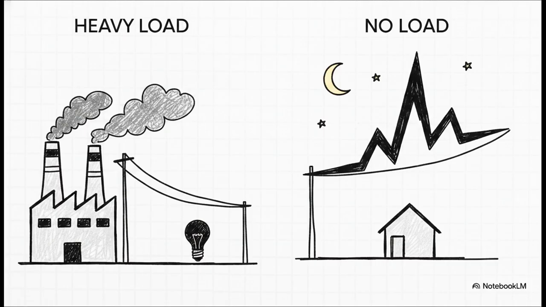The result? The voltage completely sags and we risk a total blackout. Now check out point 2. At the opposite extreme, say it's the middle of the night, hardly any load on the system, the line's capacitance absolutely dominates. This creates excess reactive power, which causes the receiving end voltage to actually spike even higher than the sending end voltage. We call this dangerous overvoltage condition the Ferranti effect.